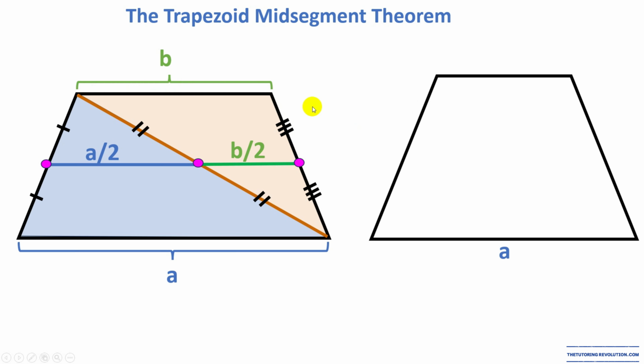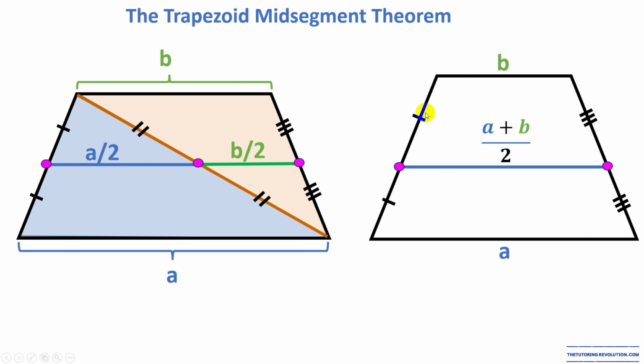So basically we show that if this base is A in length and this base is B in length, and we generate the midsegment of the trapezoid by joining the two midpoints, the length of this midsegment of the trapezoid is going to be a plus b divided by 2, where a and b are the lengths of the bases respectively.